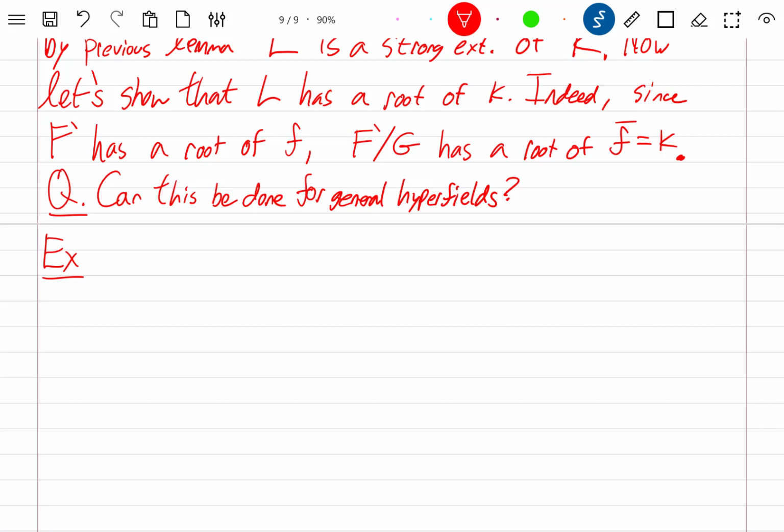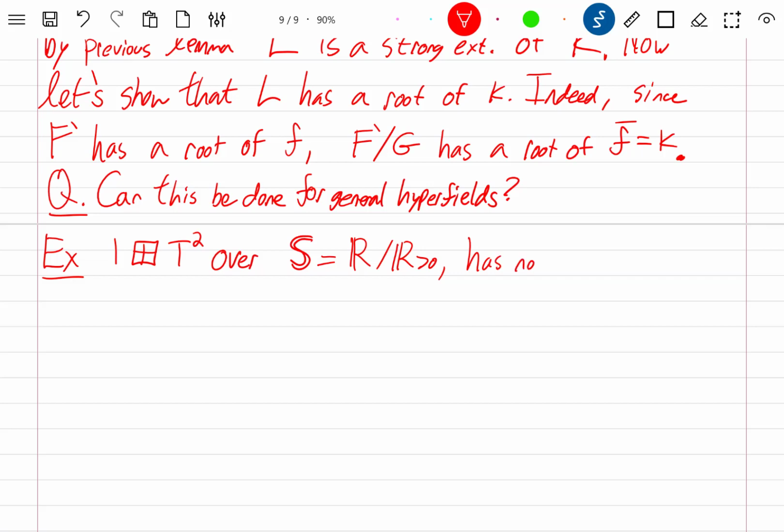So maybe I will give an example of this theorem in action, the example that motivated this. I talked about the phase hyperfield. So consider the polynomial 1 plus t squared over the hyperfield of signs. And let's recall the hyperfield of signs has this quotient structure of R modded out by the positives.